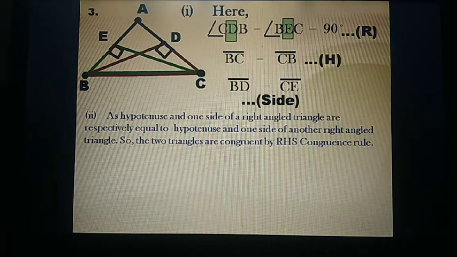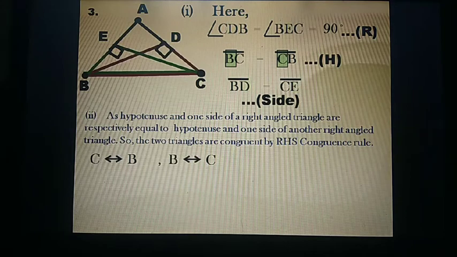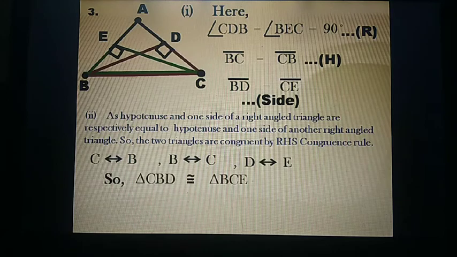Here, angle D will be equal to angle E. So, B corresponds to C and C corresponds to B. And then D corresponds to E. So we will use the same symbolic notation as it's given in the question. So you will write that yes, the triangles are congruent.